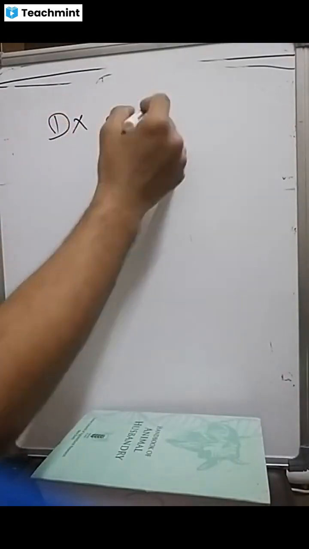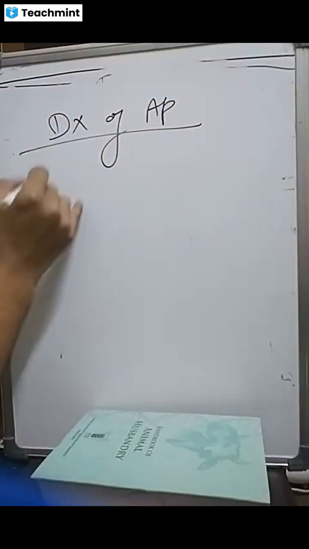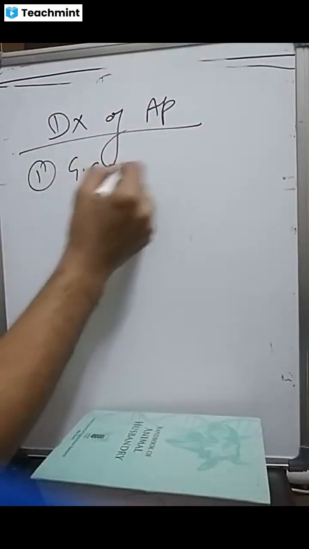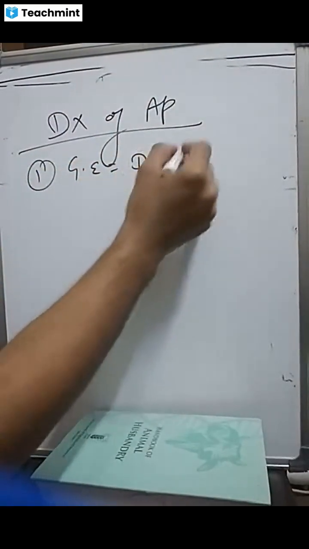So diagnosis of apoptosis by gel electrophoresis is your DNA ladder. Some bands will be there.